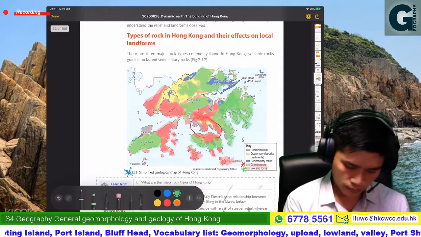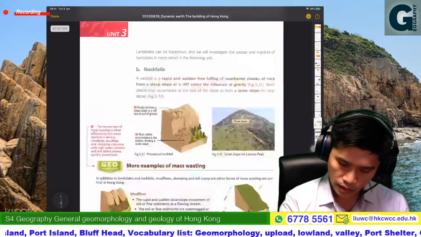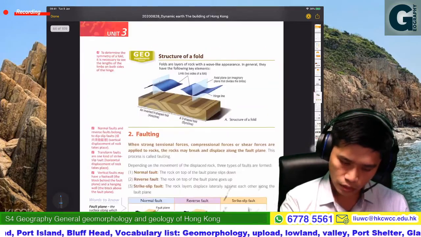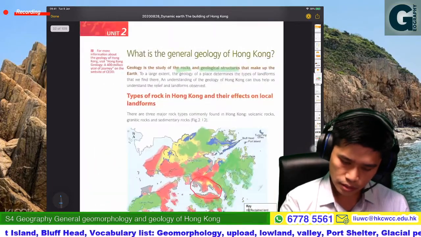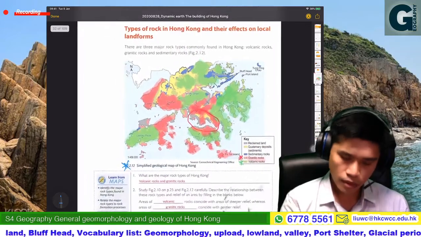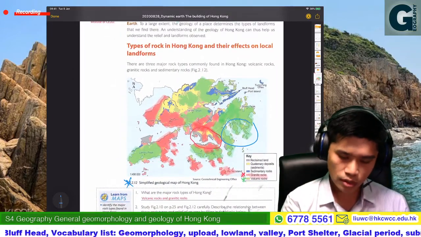I just said that. So in this area, in Sai Kung, the eastern part, it was a crater.